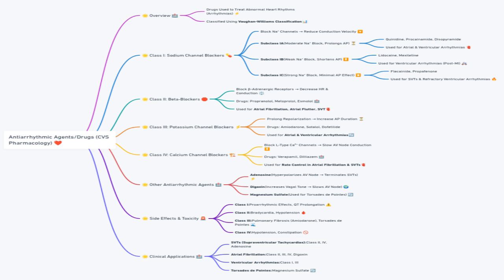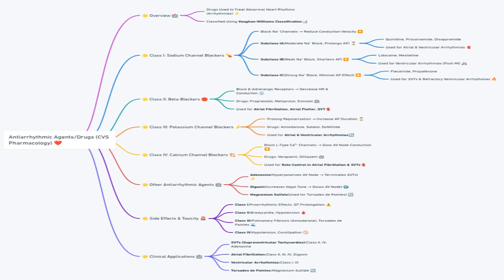With magnesium sulfate, the mechanism is that it stabilizes the cardiac membrane. It's used in digoxin toxicity, and its side effects are hypotension and respiratory depression at high doses.